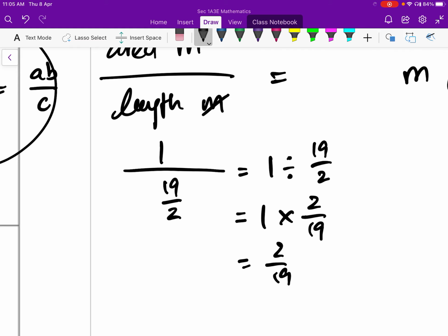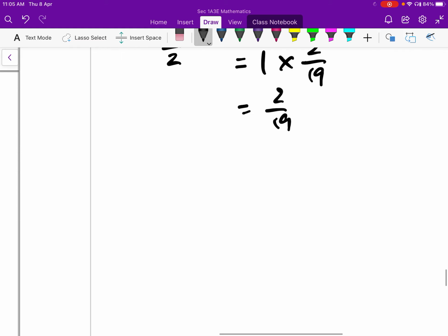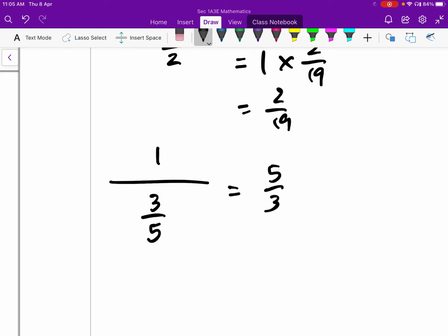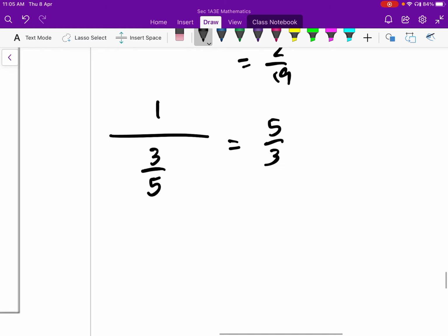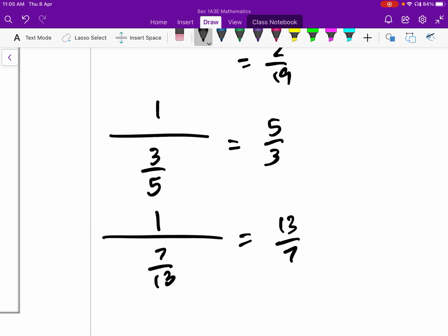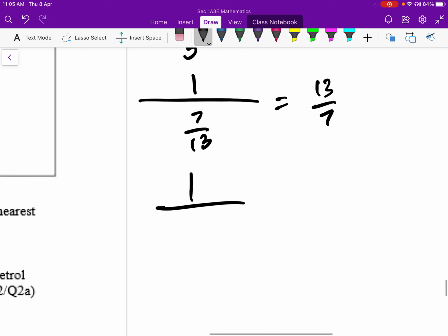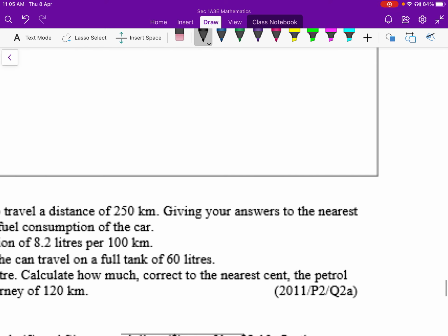Basically, the shortcut is, whenever you have 1 over another fraction, let the fraction be 3 over 5, for example, the answer is just 5 over 3. Just flip it. If your fraction is 1 over 7 over 13, then the answer is 13 over 7. If the fraction is 1 over A over B, the answer is B over A. Just flip.